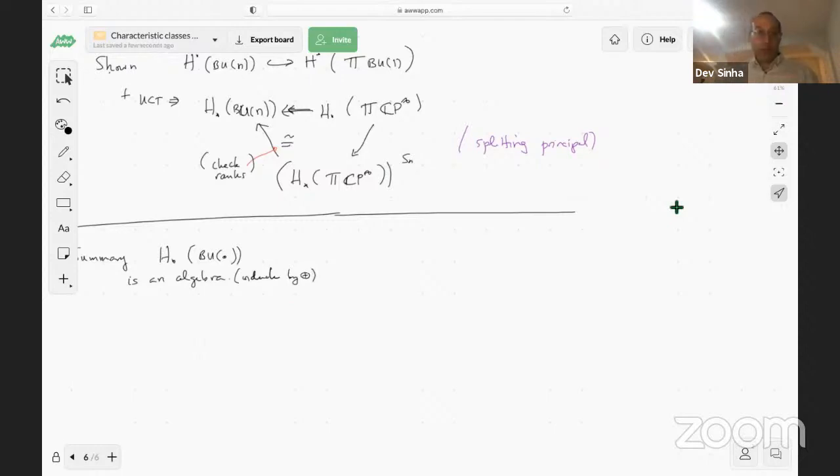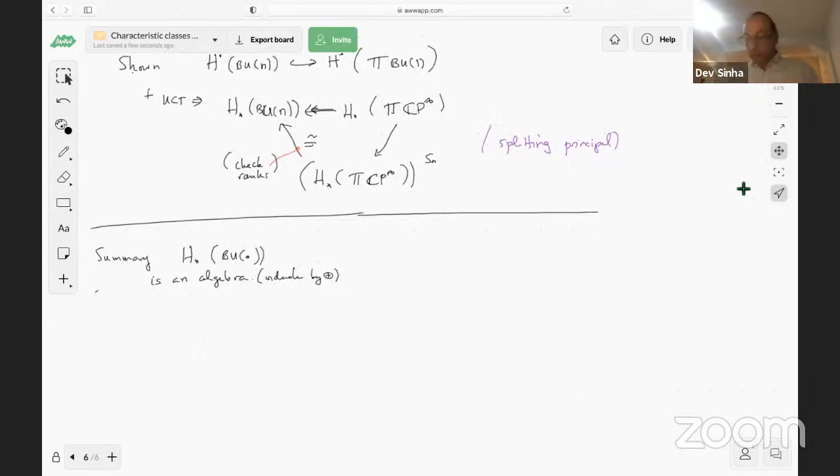We always get cohomology as an algebra induced by cup product, which you can think of as induced by the diagonal.